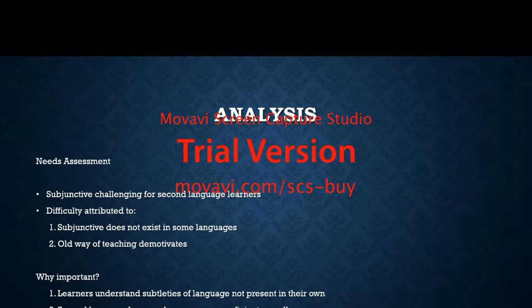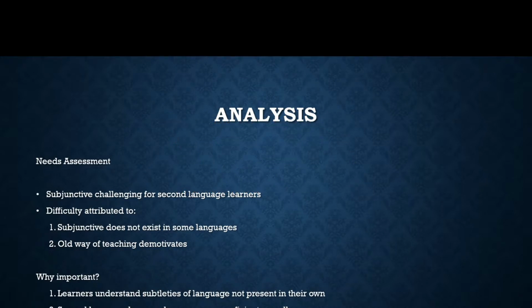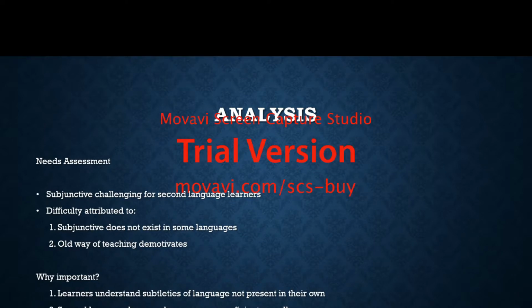Okay? Now, the reason why the subjunctive has been undertaken as part of this concept is because there is an identifiable problem. And the problem is primarily grouped into two categories. One, the subjunctive is difficult for most second language learners because it does not exist in their primary language.